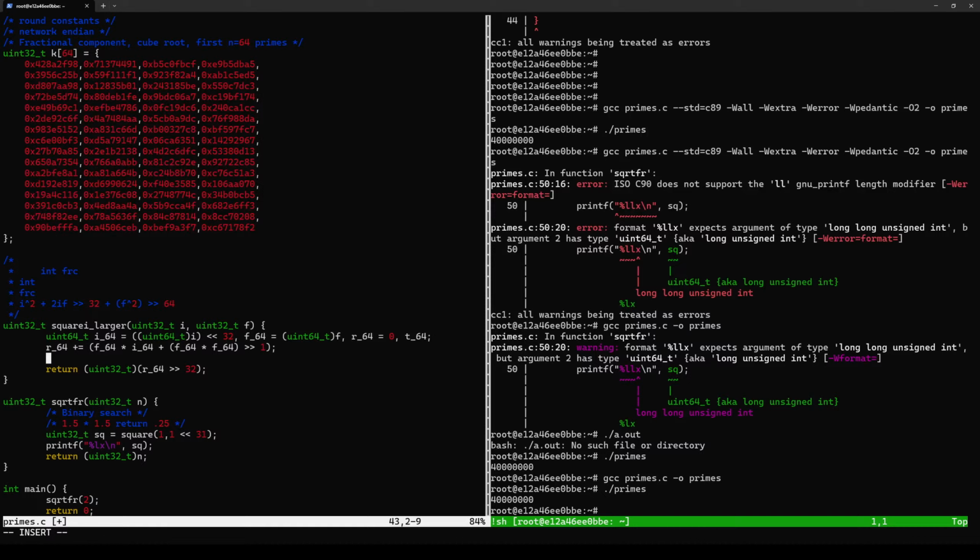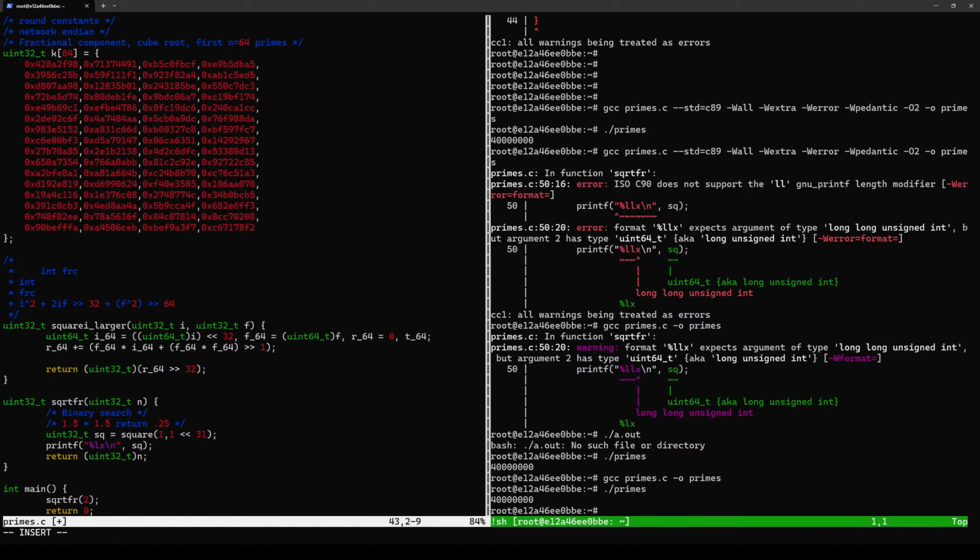We just see if that value is bigger than 1 shifted over by 63, I think.